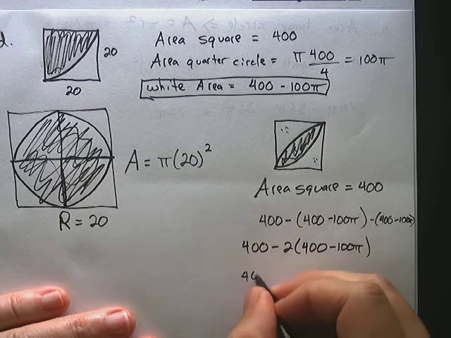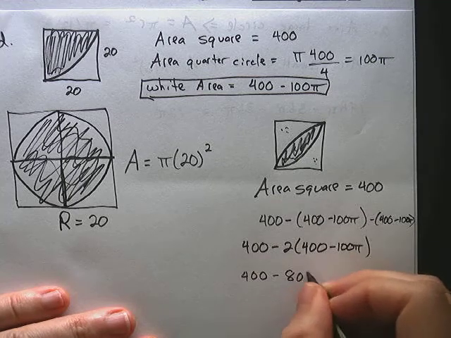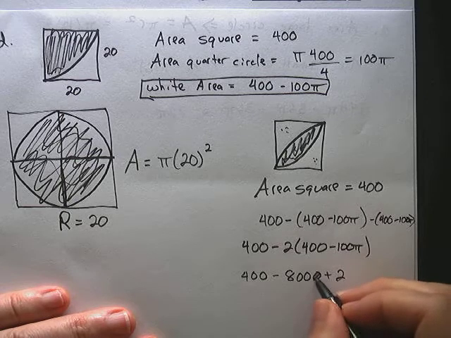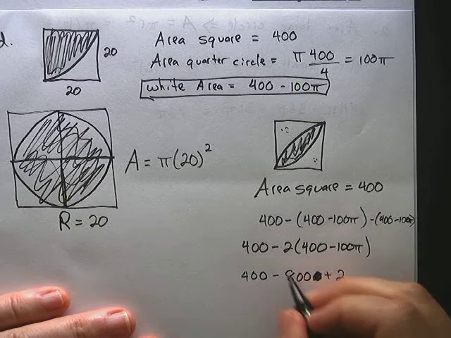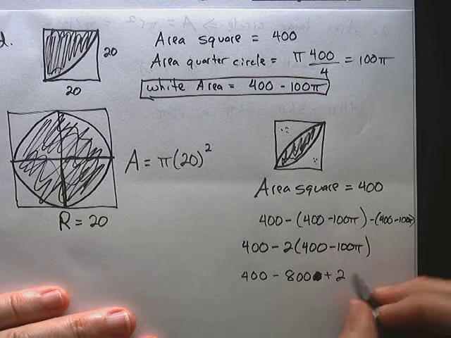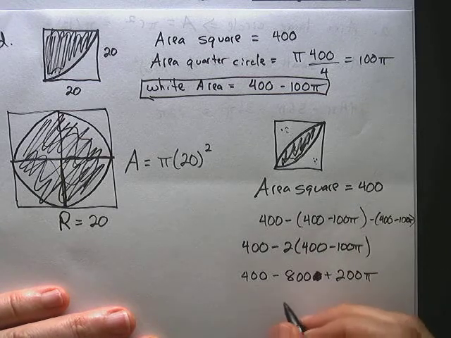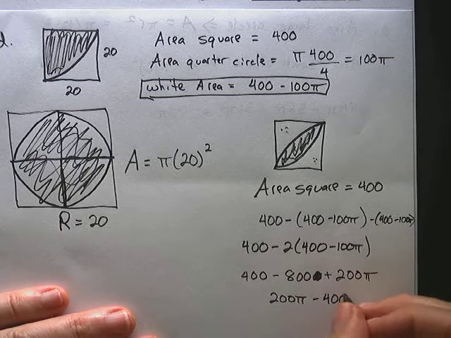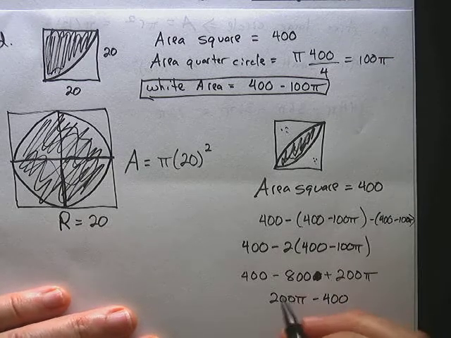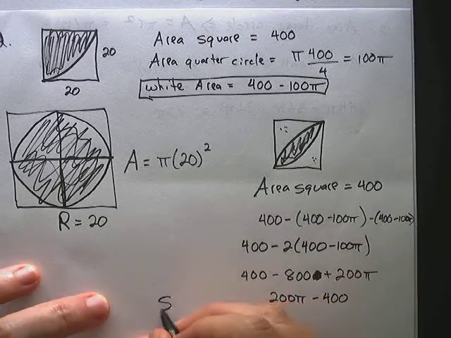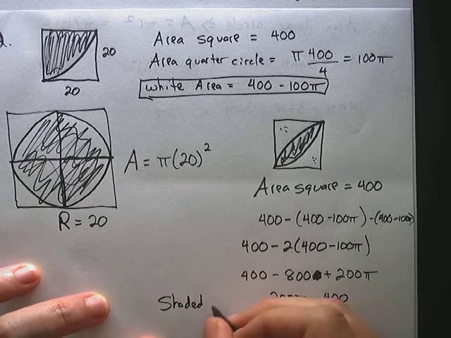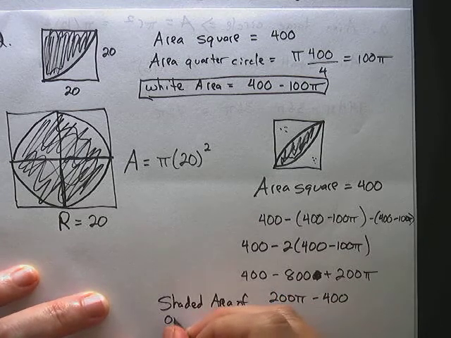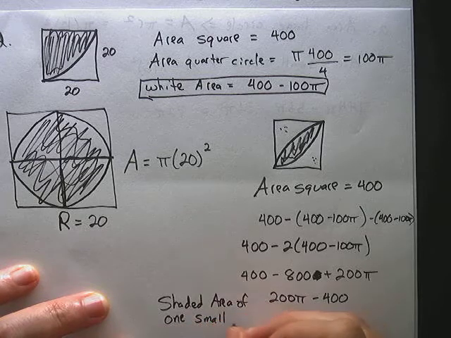That gives me 400 minus 800 plus, that's 800, not 8,000. 400 minus 800 plus 200 pi, which is going to be 200 pi minus 400. Okay, so this is the shaded area. Let me write that down. Shaded area of one small square.